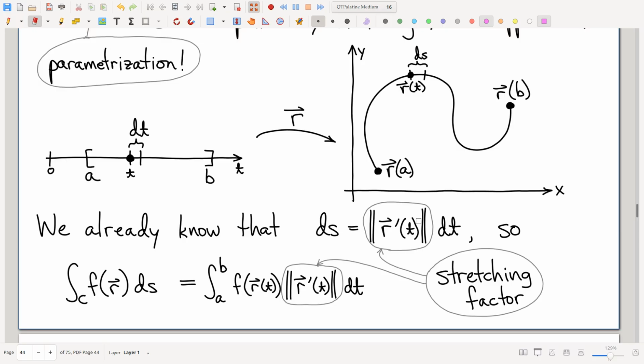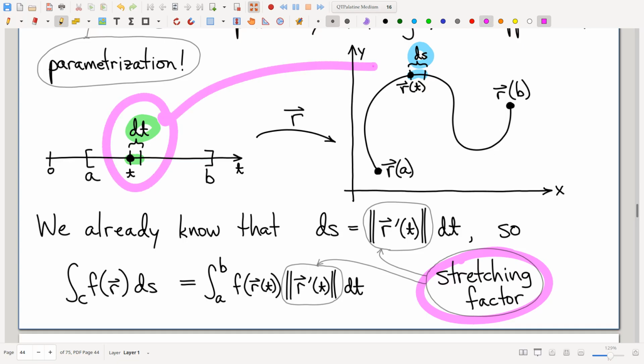Okay, so the big idea then, when you do the pullback, you basically plug in. We just have to figure out what is our stretching factor. The stretching factor is going to be what is it that I multiply by input size, namely dt, to get output size, namely ds.